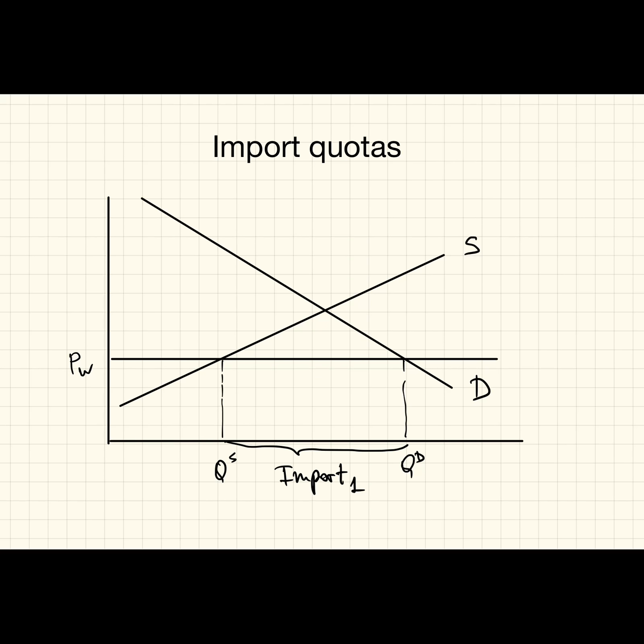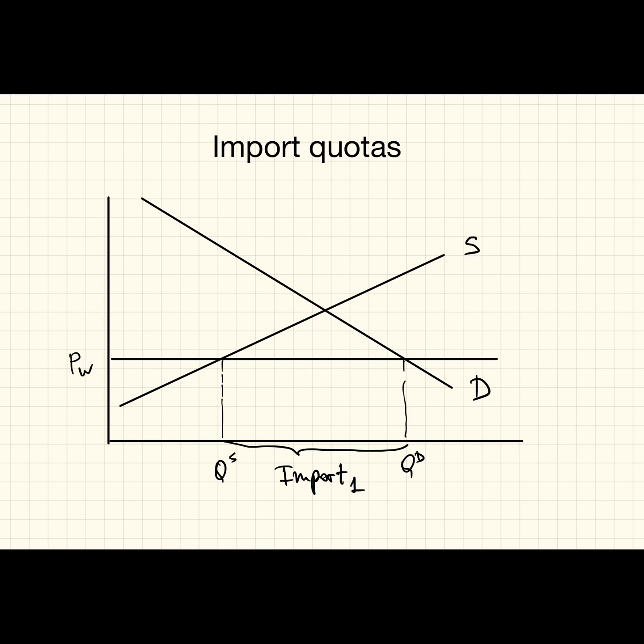So effectively, they reduce the amount of import. And that reduction is definitely going to benefit domestic producers, right? Because now they have fewer goods to compete with. And a reduction in imported stuff is going to send prices up. And basically that's the main logic of quotas.